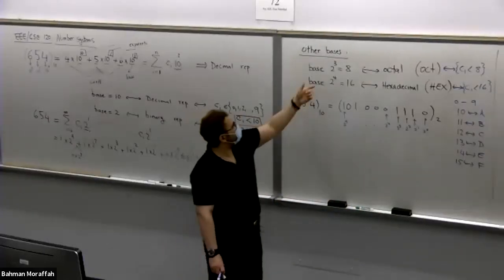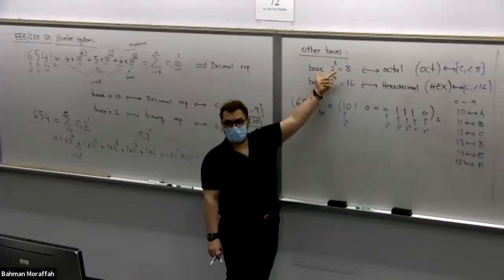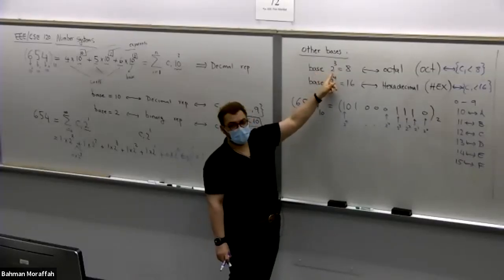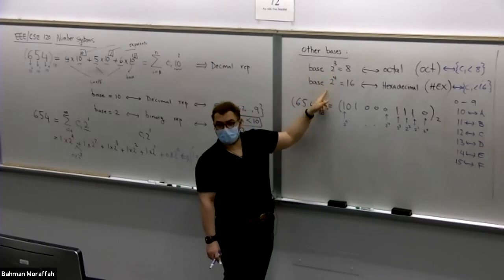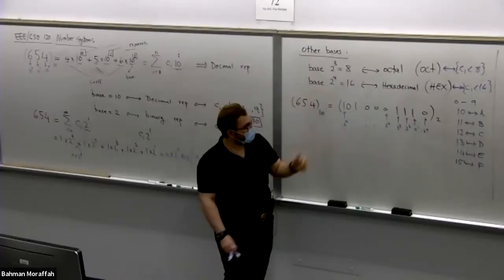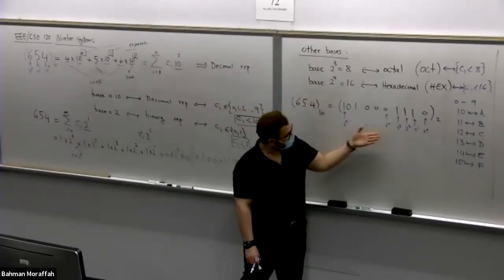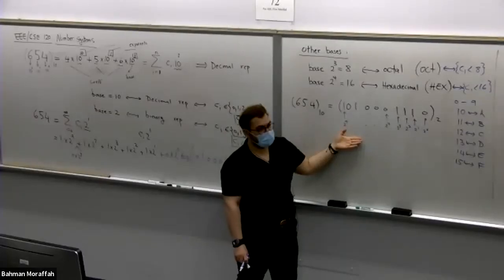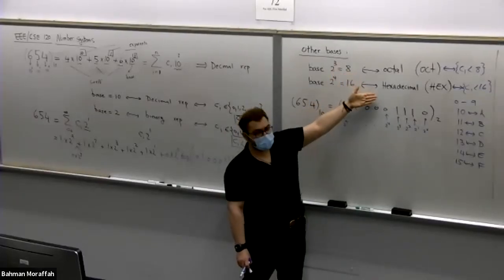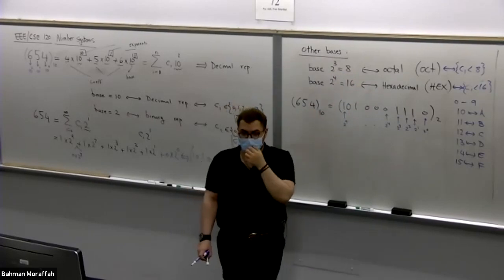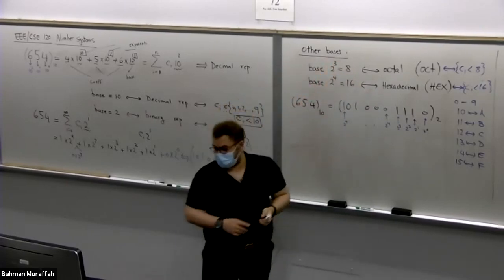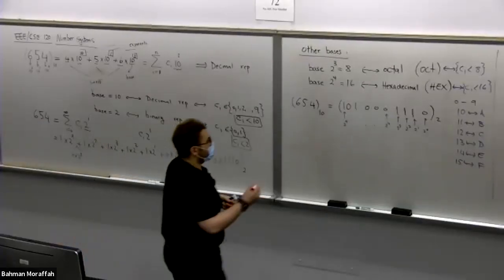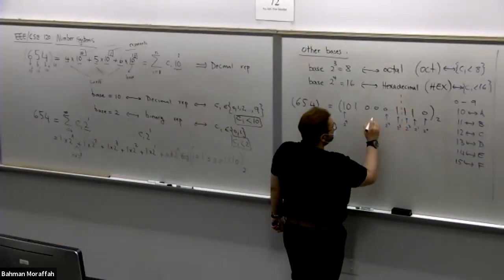Given the fact that this is basically 2 multiplied by itself 3 times, and this one is 2 multiplied by itself 4 times, I can look at this and immediately write the octal version and the hexadecimal version. How? Again, this is 2 to the power 3, so I can divide this up by every 3 of them.